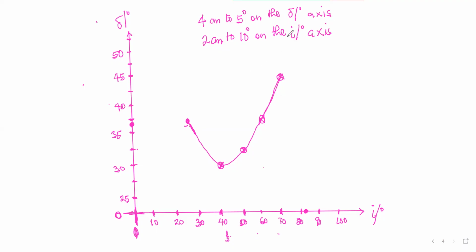This is the scale. Okay, not 4 centimeters to 5 units. If you write 5 units, then it means this vertical quantity has no unit. If you write 2 centimeters to 10 units, then it means this angle of incidence has no unit. That is why you are writing the unit.